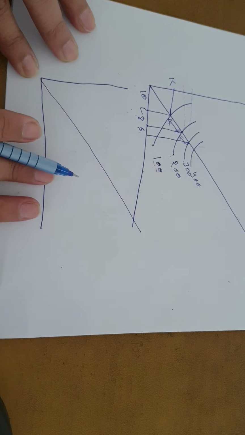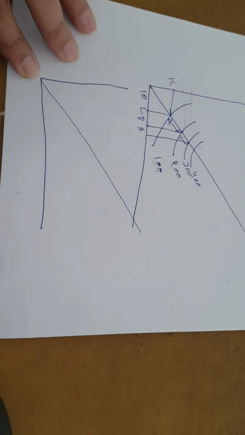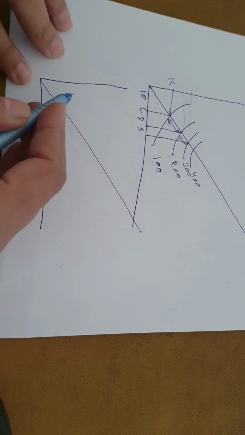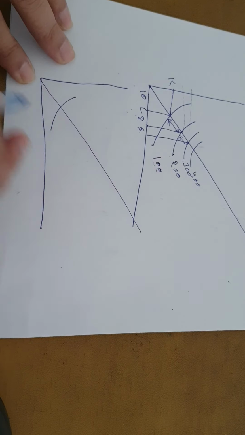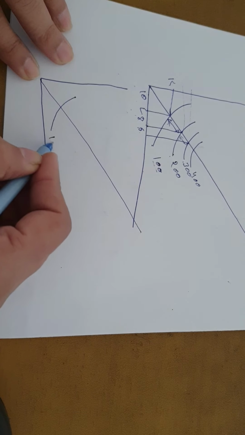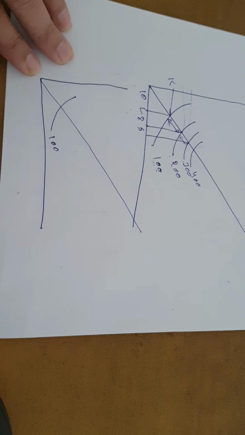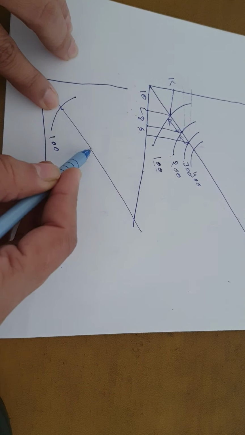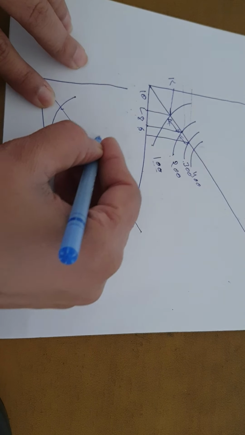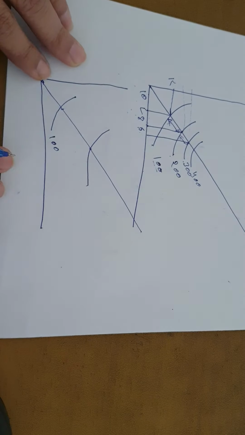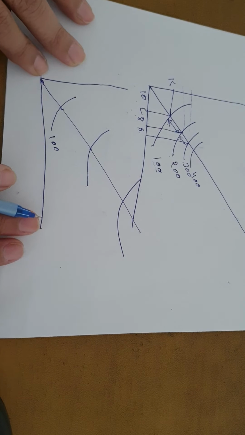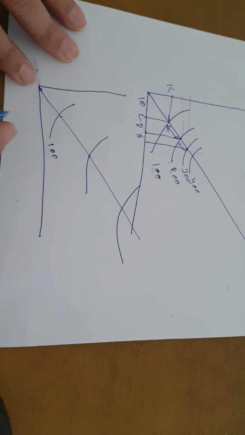Even without this straight line you can draw, it is up to you, but I feel more confident when I draw this straight line. For 100 units, this is our isoquant. See this distance. Next distance should be increased again.